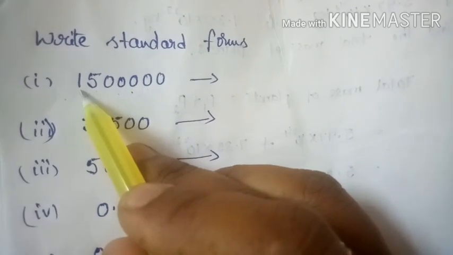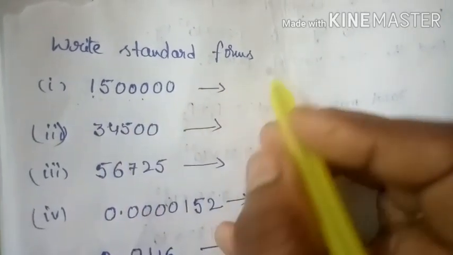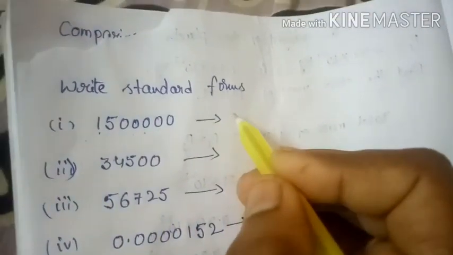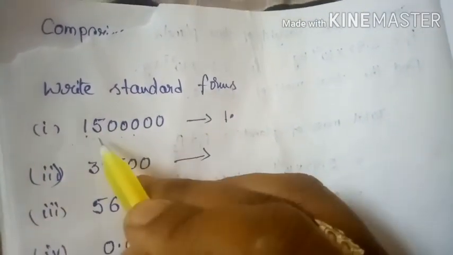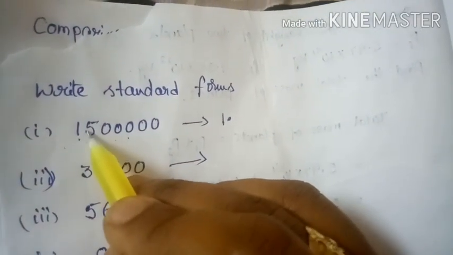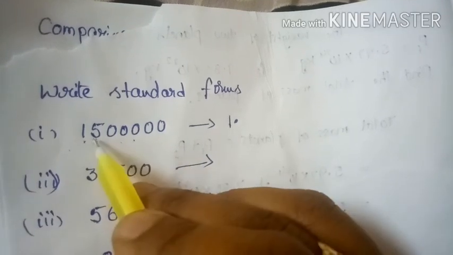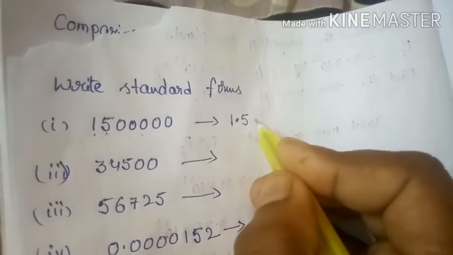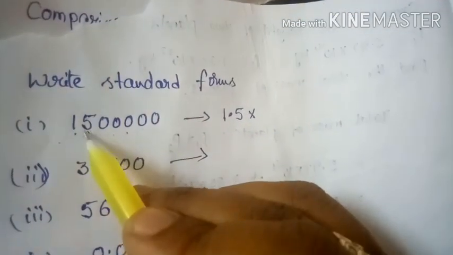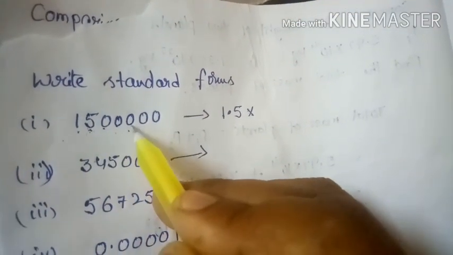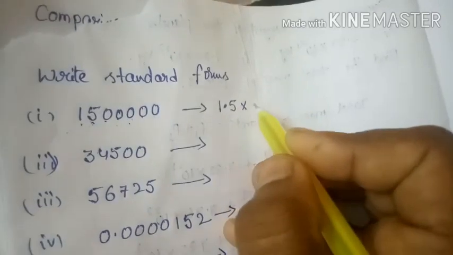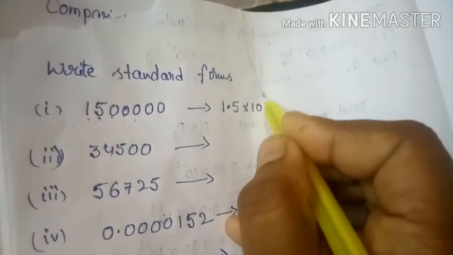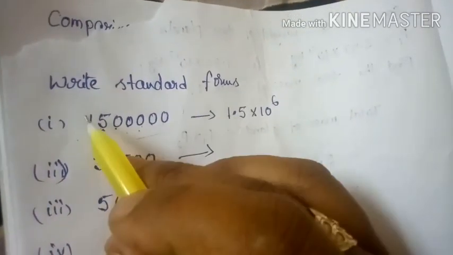So what is the first digit? We should keep the decimal after the first digit. So 1 point, yes. Then count it. Then what are the remaining values left? Here we have the 5. So keep 5, into, now count it. 1, 2, 3, 4, 5, 6. So take the base 10 and the power is 6. Why? Because it is a larger number.